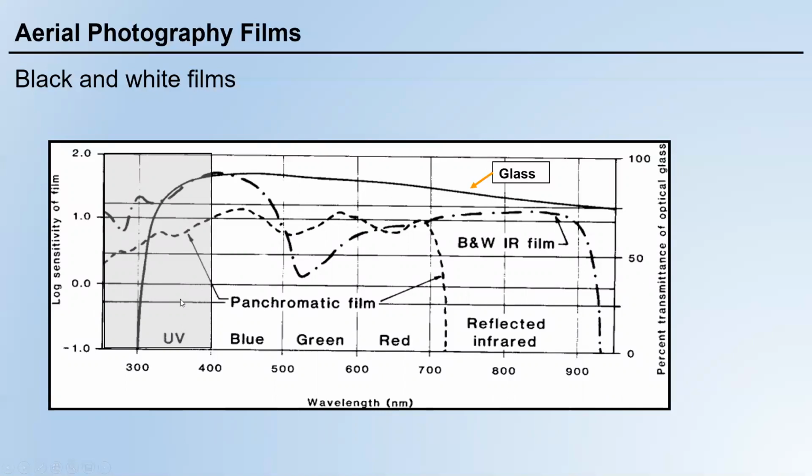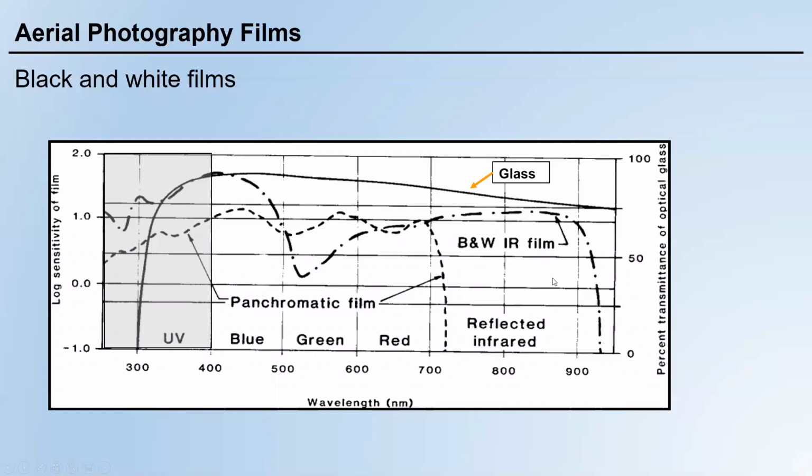Okay, we have another dash line. It's a dash-dot line right here along my cursor. See this? This is the sensitivity curve for black and white infrared film. You can see that when the wavelength is above 900 nanometers, its sensitivity drops dramatically and quickly like this.